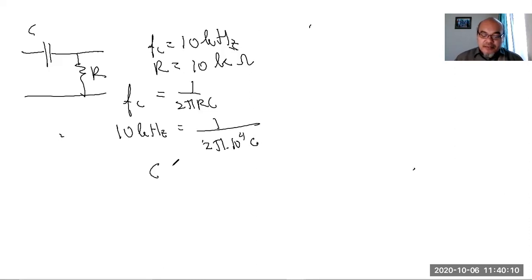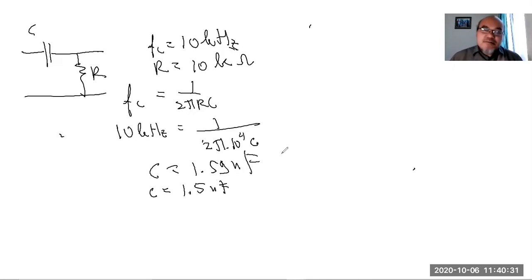So here we obtain C equal to 1.59 nanofarad. Okay, but in the market, in the component list, you cannot find 1.59 nanofarad. What you could find closest to this is C equals 1.5 nanofarad.